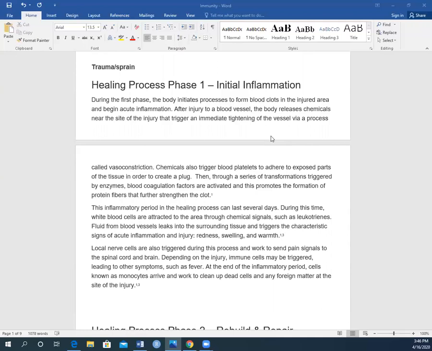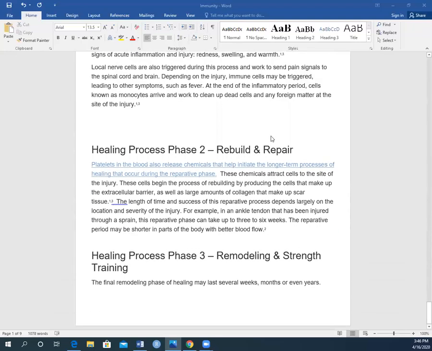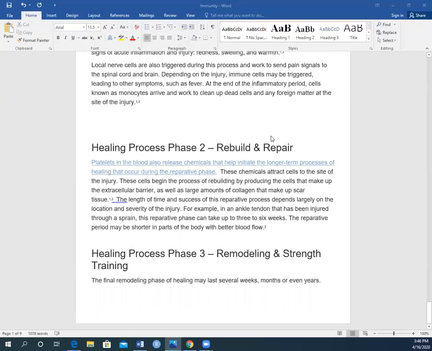So it's going to deliver those white blood cells and red blood cells to that area to try to take care of any bacteria or cellular debris, damaged cells in the injury site. Then you're going to have the repair and rebuild of the damaged tissues, and then you'll have the remodeling and strength training or physical therapy.